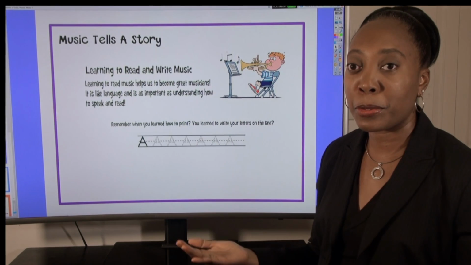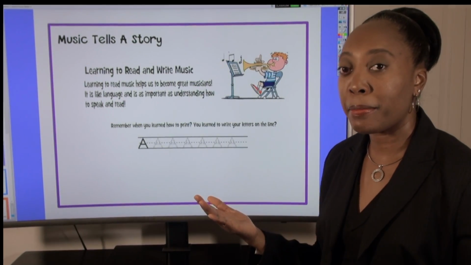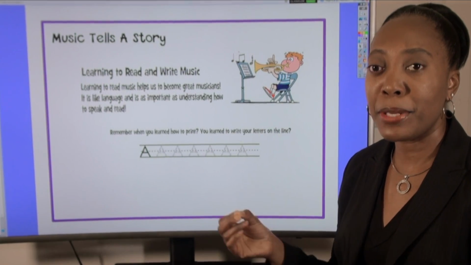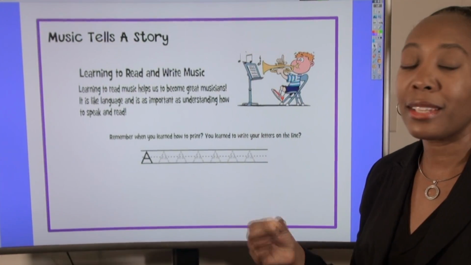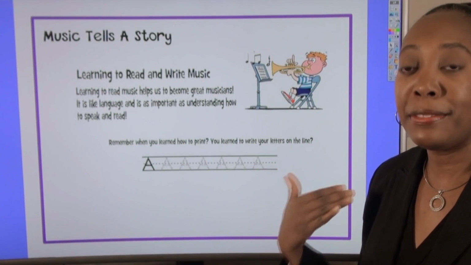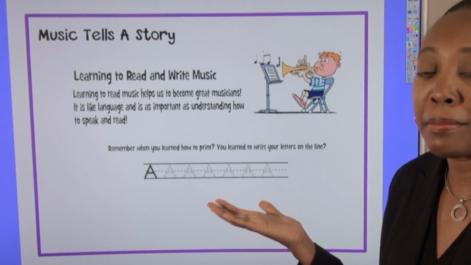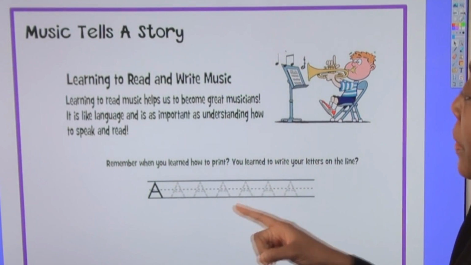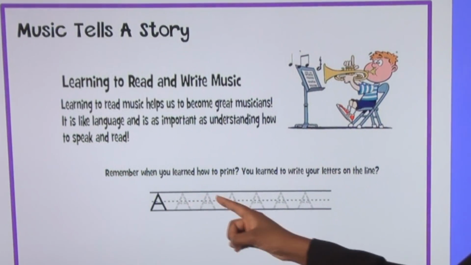Music tells a story. And what we're going to talk about today is how we write music on a staff, because if we didn't have it written down, then no one would remember it and there's no record of it. It's like learning to read or write our ABCs.